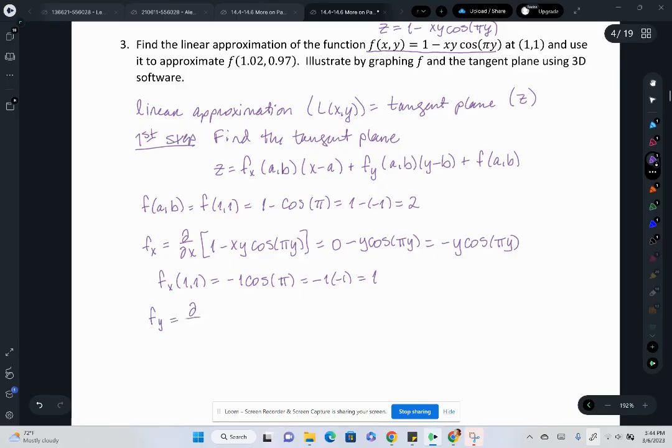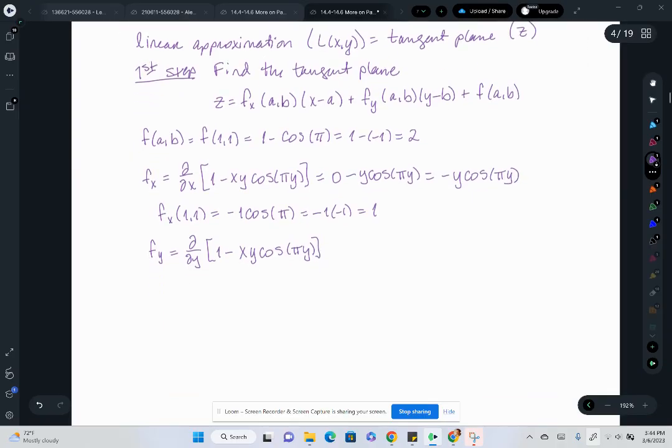So this means I'm finding del y of my function 1 minus xy cosine of pi y. Now there's a product rule here because I do have 2 functions of y in one of my terms. But the derivative of 1 is 0. And then I'll rewrite this as minus x, since x is a constant, I'm going to pull it out, times the derivative del y of y cosine of pi y.